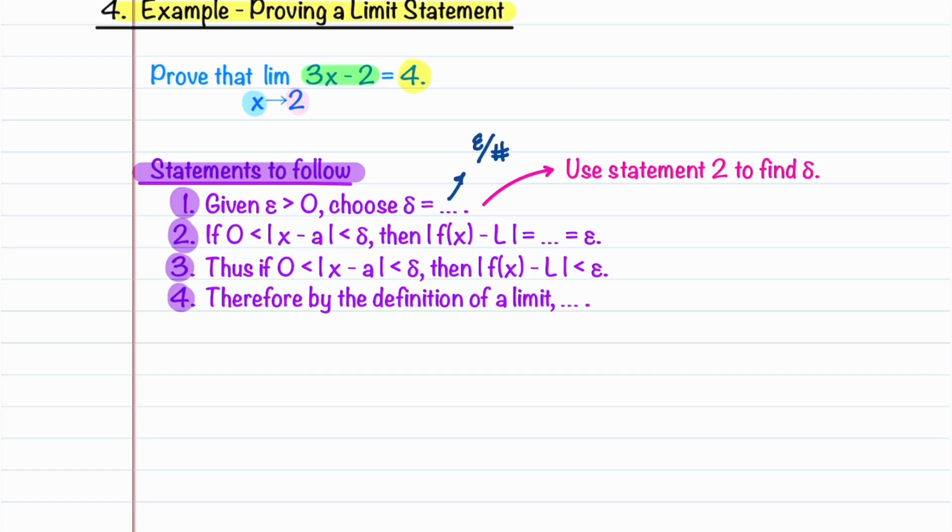I am going to start with statement 2, and if we look up here at statement 2, we are going to plug in a, f of x, and L, and our goal is to find delta.